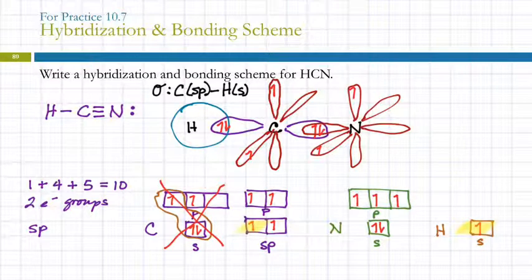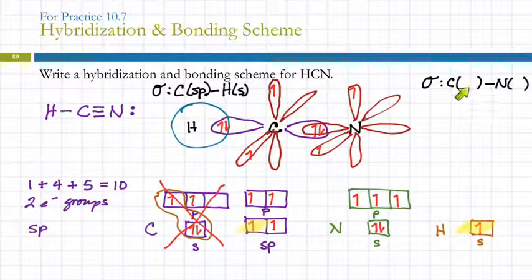So let's describe that one before we go on. This bond is a sigma bond, overlap end to end. It's between carbon and nitrogen. Okay? Carbon and nitrogen. And then we're going to identify what kind of orbitals those elements use.